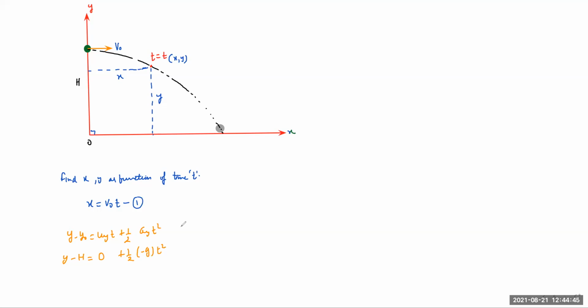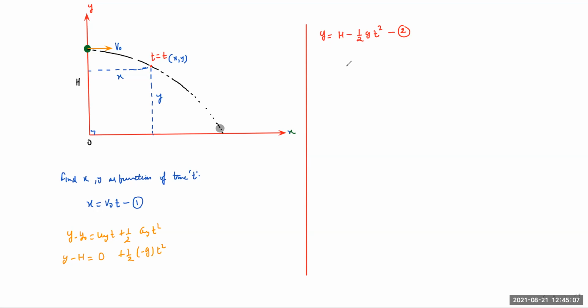How difficult is this? I really don't understand. Was it too difficult to write? Now this is the equation of y and x.